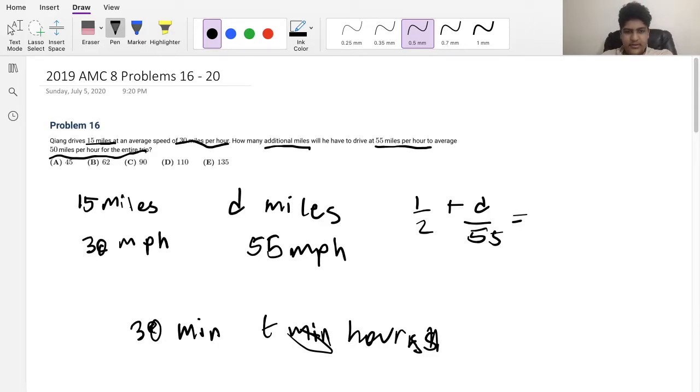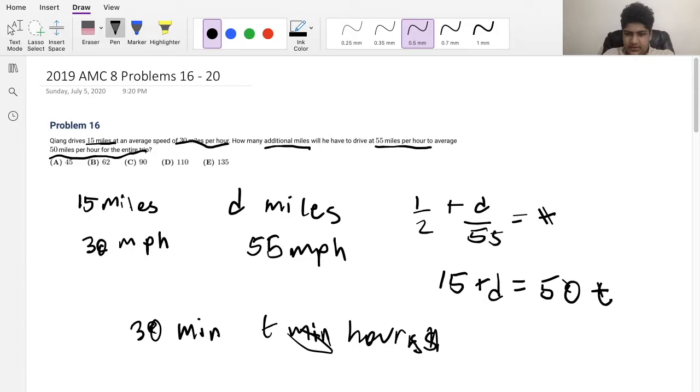And since we want to average 50 miles per hour, we need to have the sum of the distances, which is 15 plus d, equal to 50 times t. Since we already know what t is, we can just substitute for t.